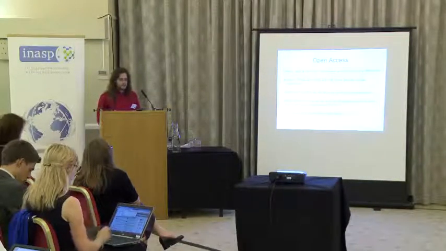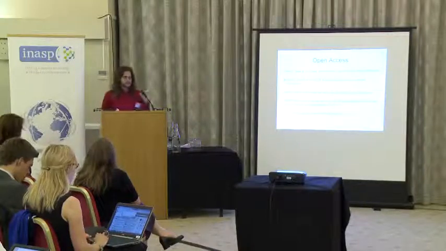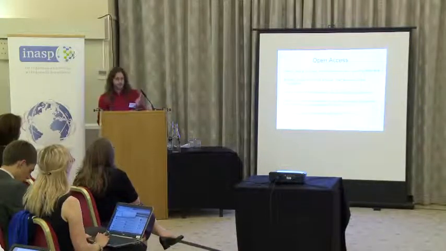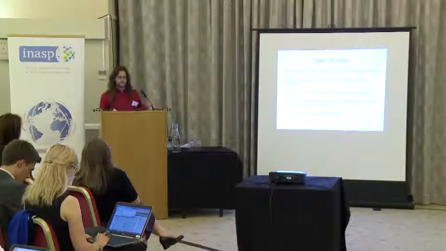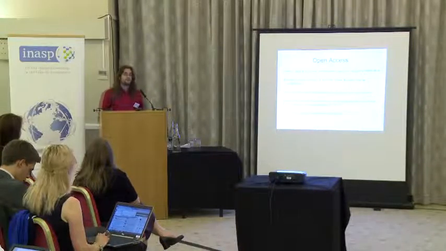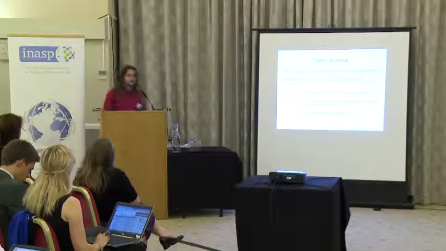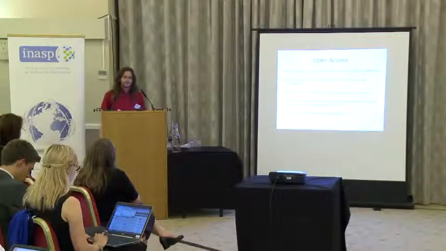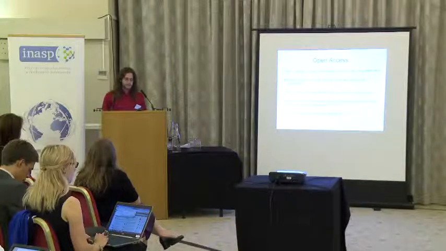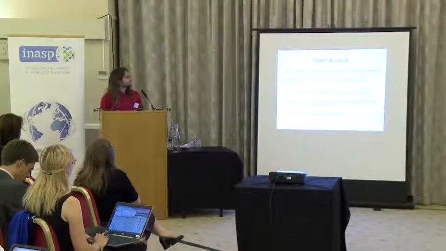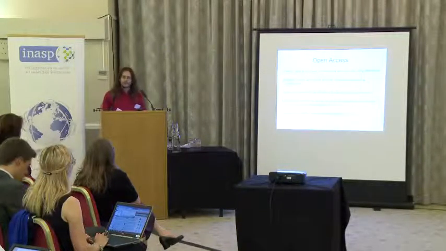INASP, I actually looked it up because I'd completely forgotten what the acronym stood for, is the International Network for the Availability of Scientific Publications, and that concept is very similar to what PLOS is interested in, which is accelerating science communication. Open access is all about getting access for readers, but what about access for authors?